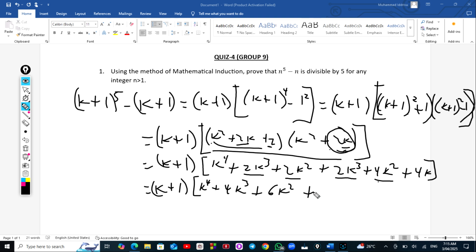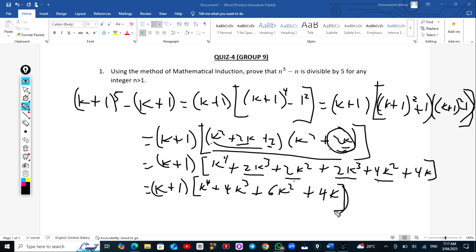I think that is all. 2k to the power 3, 2k to the power 3, 2k square, this is 4k square. Plus I left it one time. Okay, 4k. I think that is it.